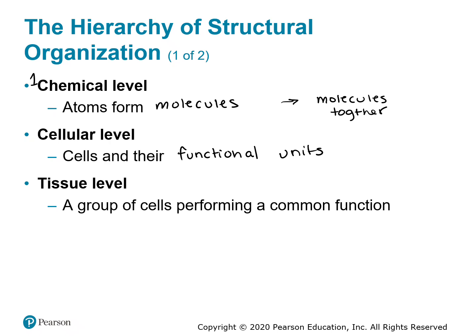Okay. Another word for a bunch of molecules together is macromolecules. Does anybody remember what the 4 macromolecules are from your gen bio way back when? I'm asking. What you got?